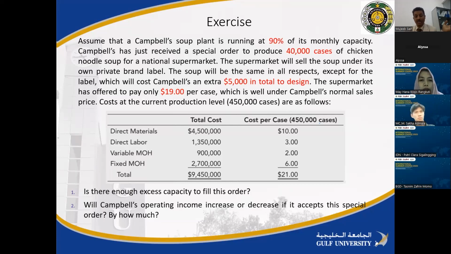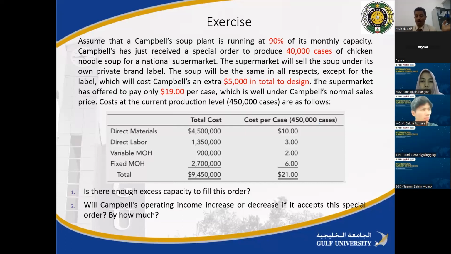Normally we will not pay for fixed cost because we have capacity, unless there is some other information provided, like in this exercise, where the customer wants our company to design the label for this product. So we will pay only 5,000 to design this label.